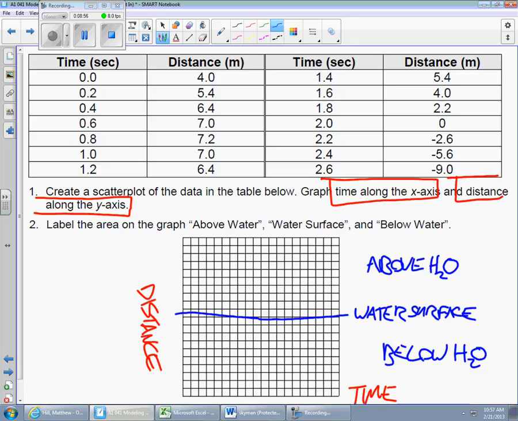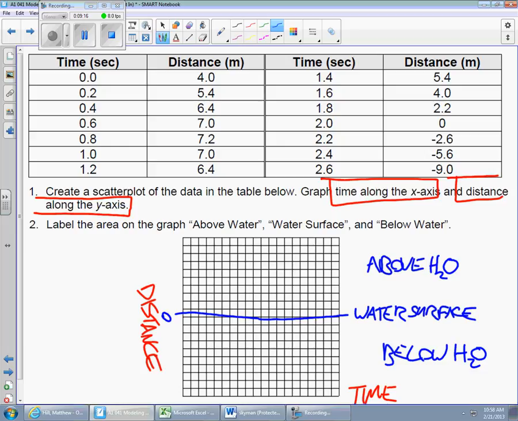So that's what I'm going to do next. I'm going to say, all right, water surface is 0 meters. Okay, and let's see. Looks like we have to go fairly high up and fairly far down. So I'm going to let each grid line going up the y-axis just be 1 meter.